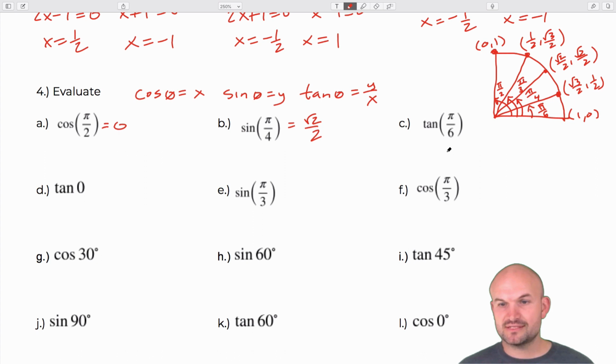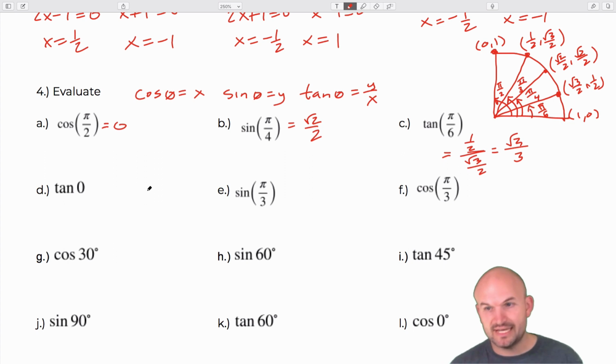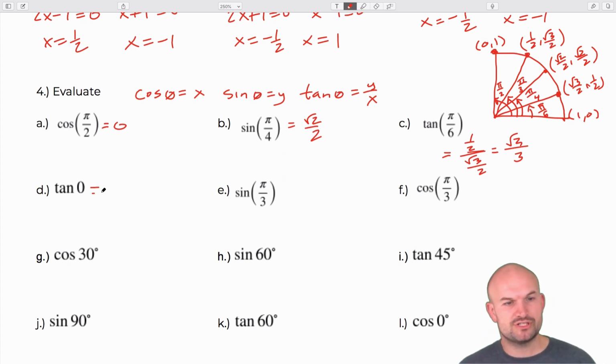Tangent of pi over 6 is the y-coordinate over the x-coordinate, and since we've already done this multiple times, that is square root of 3 over 3. The tangent of 0 is the y-coordinate over the x-coordinate, which is just 0. Tangent of pi over 3 is square root of 3 over 2 over 1/2. And the cosine of pi over 3 is going to equal 1/2.